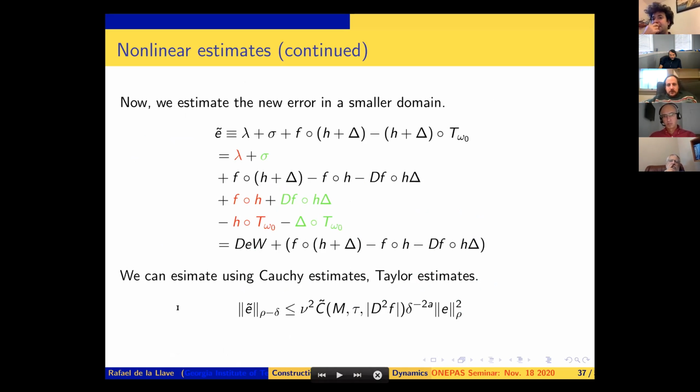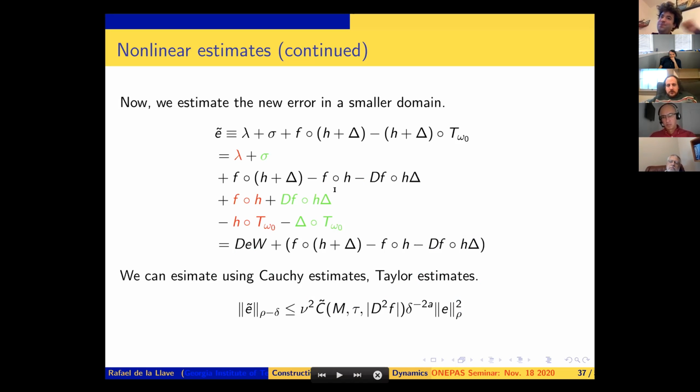So this is the new error because this is the functional equation evaluated at delta plus sigma minus f, etc. Right? And now there is an orgy of adding and subtracting, right? So I add all this line here, but then I subtract it. You see, I subtract it, and I subtract this other part in there, right? So there are a lot of subtractions that I put.